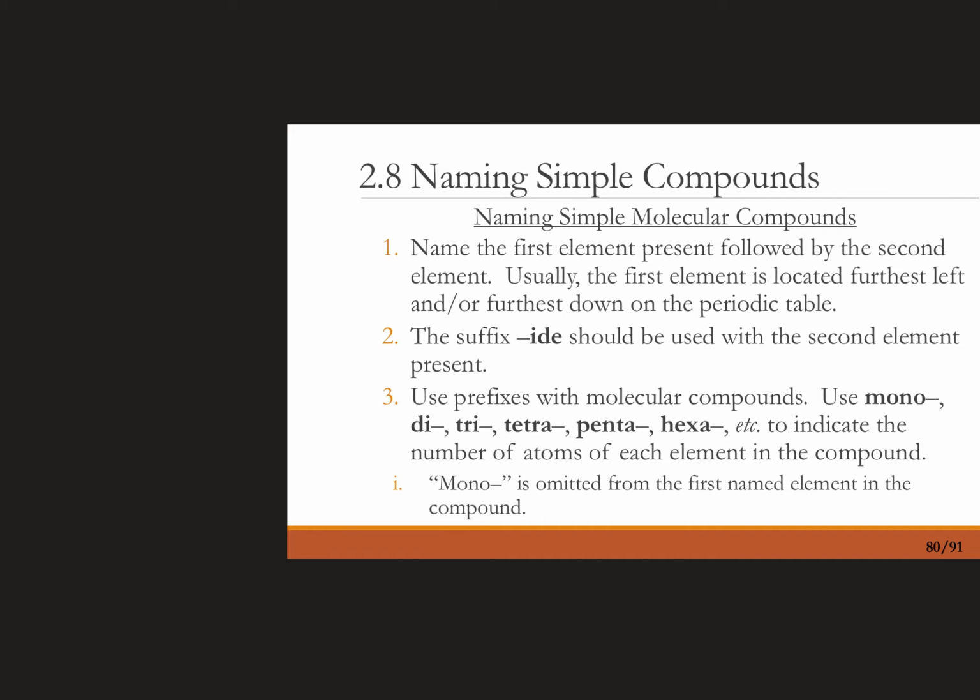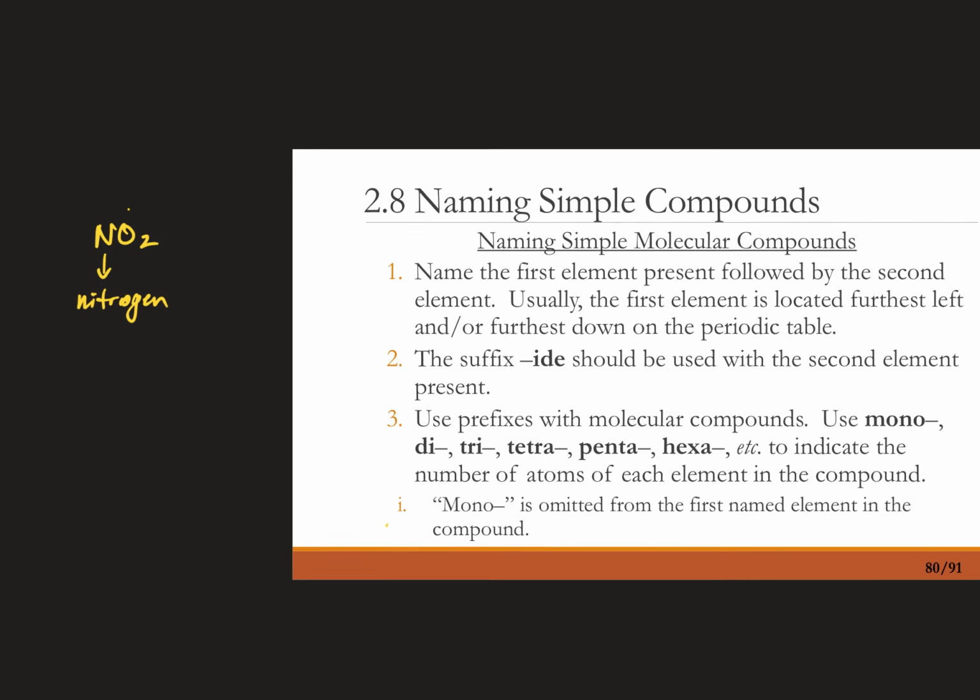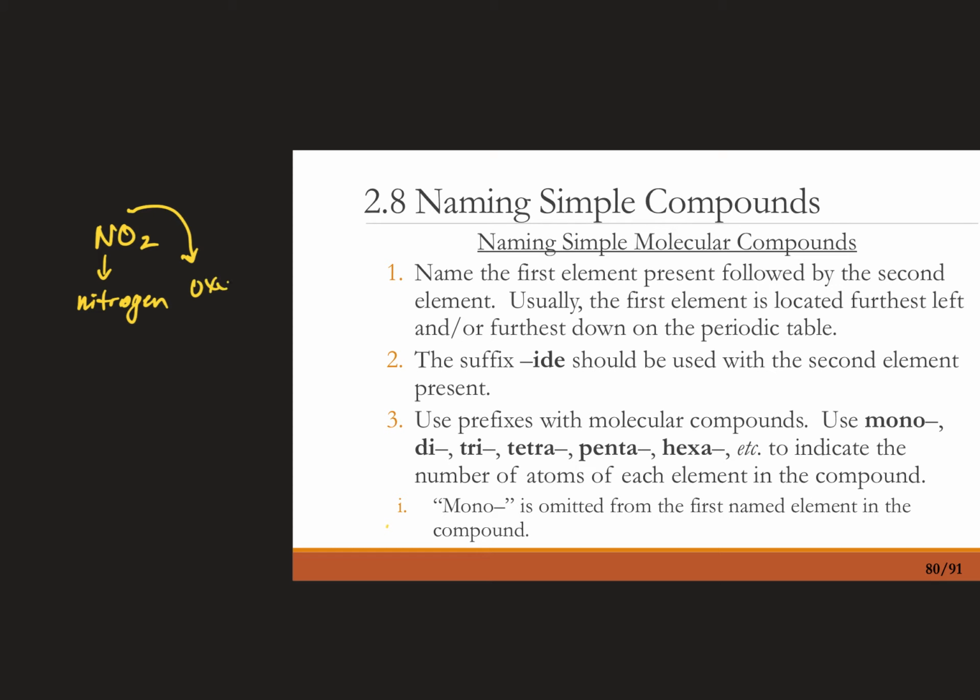If we had, let's say, NO2. This is nitrogen, right? First, name the first element present, followed by the second element. Usually the first element is located furthest left and or furthest down on the periodic table. The suffix "ide" should be used with the second element. So this is oxygen, right?